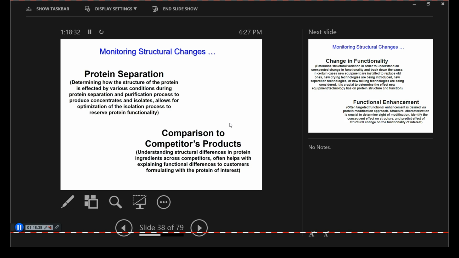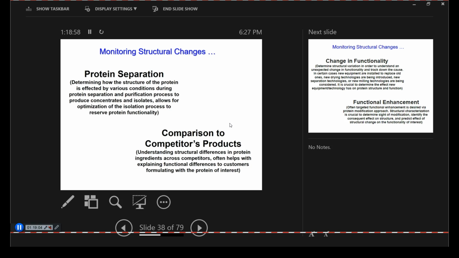Comparison to competitors' products. This kind of was the first project I worked on when I did my sabbatical at Cargill. So they are getting into the pea protein business, but there are over 20 different companies that are selling protein ingredients. So they wanted to partner with one of the companies, but they wanted to understand how they can sell this product to their customers.